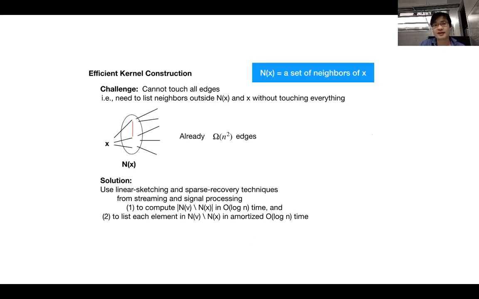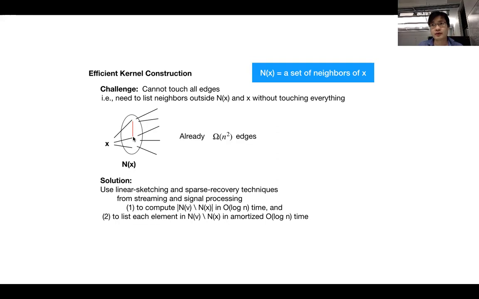One remark is that we also need to efficiently construct the kernel, because we cannot afford to touch all edges. For example, even the two-neighborhood away from the source node can already have a lot of edges, on the order of n squared. We cannot afford to touch edges inside the neighborhood of x because we plan to remove this red edge inside.